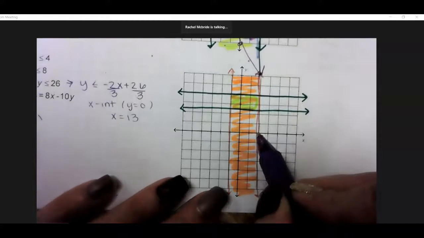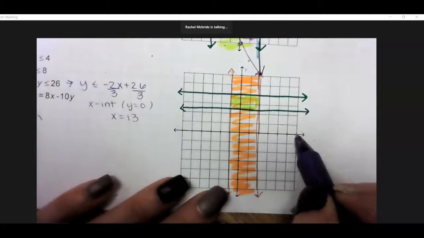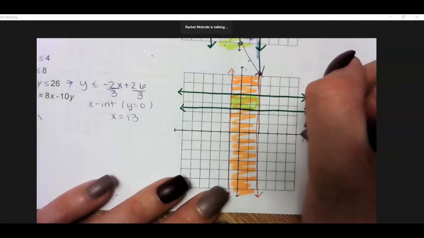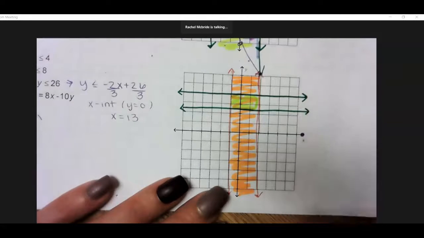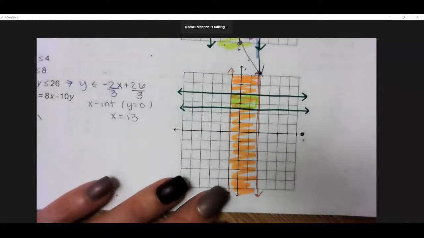So you have 2, 4, 6, 8, 10, 12. So of course it's right off my graph. So we have that point at 13, 0, which is at least not a decimal.